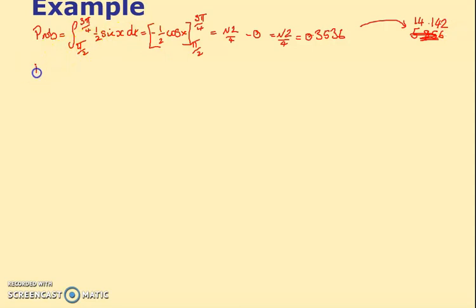The next one is the probability. Now again, I'm going to end up with minus a half cos x when I do my integration. But now it's between 3 pi by 4 and pi. And when you chuck those numbers in, I got a half, because cos of pi is minus 1. So minus a half times minus 1 is plus a half.